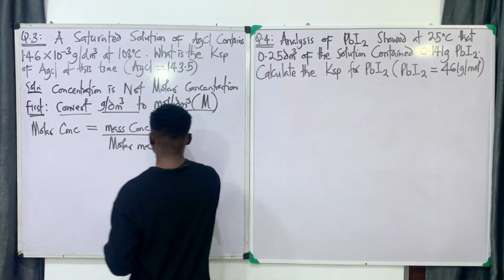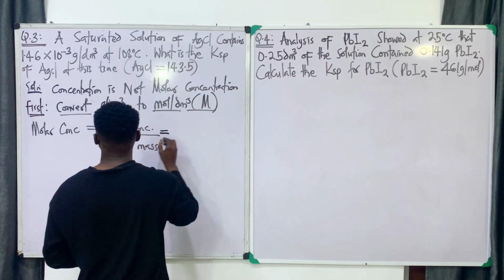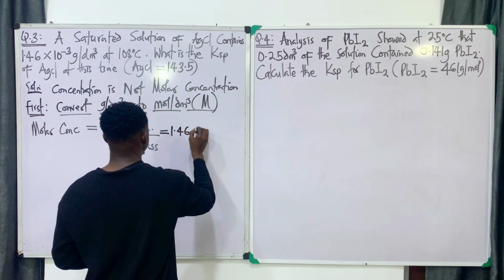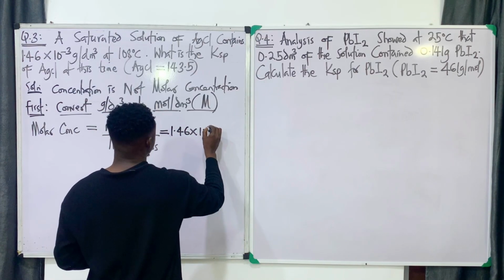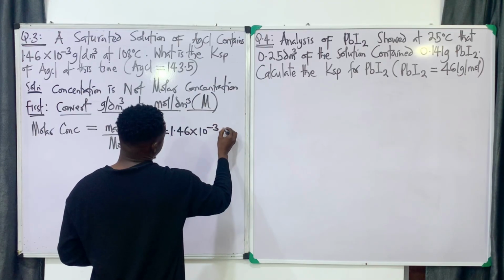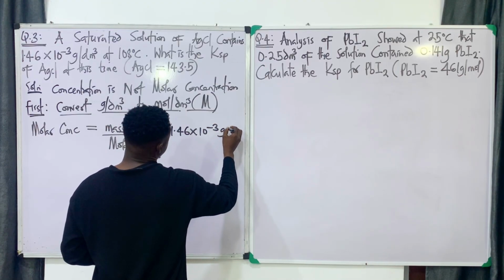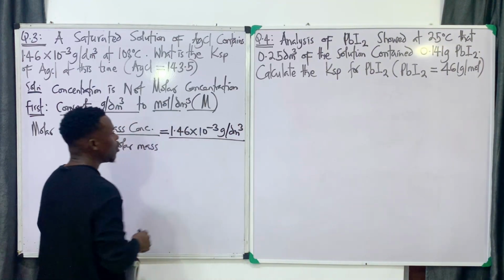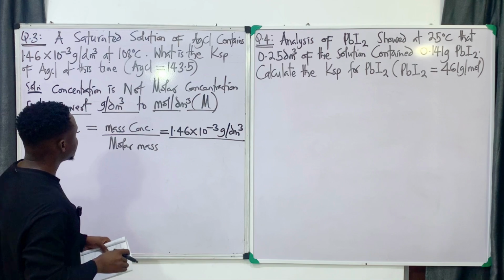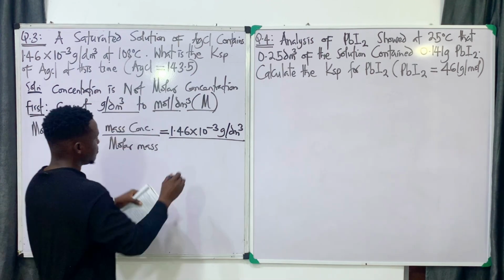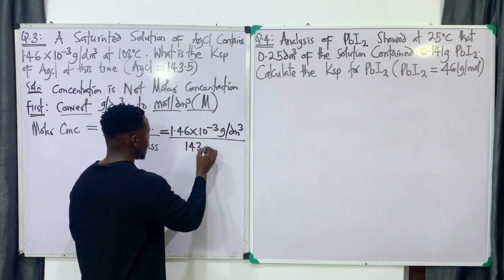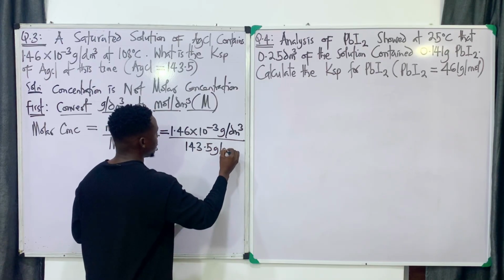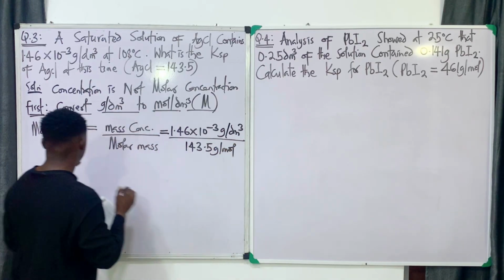So this becomes mass concentration of this guy is 1.46 times 10 raised to the power of minus 3 grams per dm cube, all over the molar mass of AgCl from the question, which is 143.5 grams per mole.